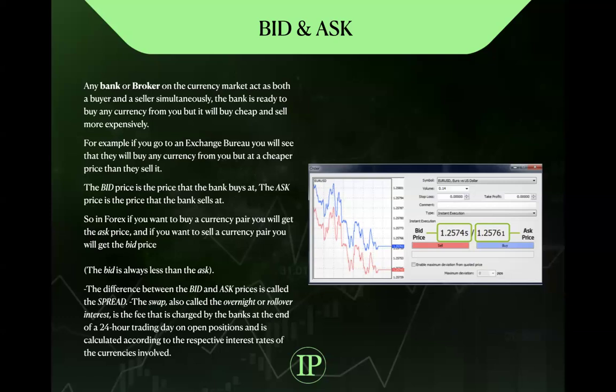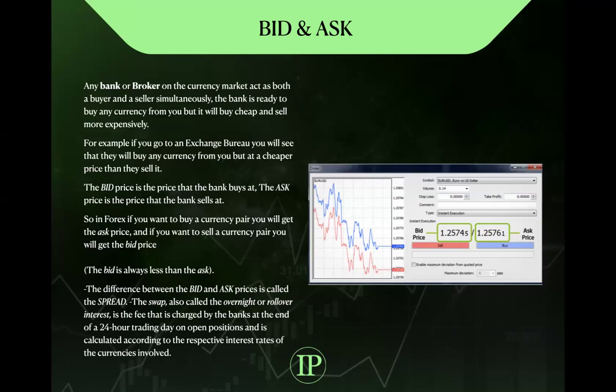Okay. So the difference between the bid and the ask is called the spread. Okay. Now the spread is their commission that they make. When they sell it to you more expensive, it's because they are making a commission on top of that. When they buy it back from you, but cheaper, they are making a commission on that as well.